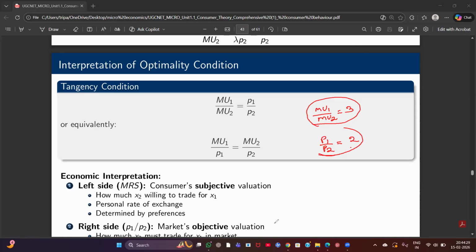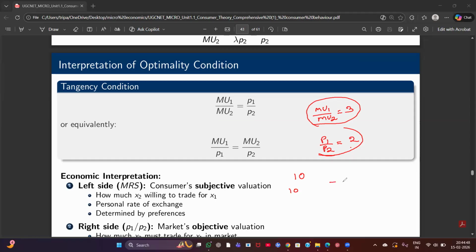If he purchases 1 unit of the first commodity, he has to pay 10 rupees extra. So how many units of the second commodity should he give up so that the 10 rupees will be balanced? The first commodity price is 10 rupees, the second commodity price is 5 rupees.